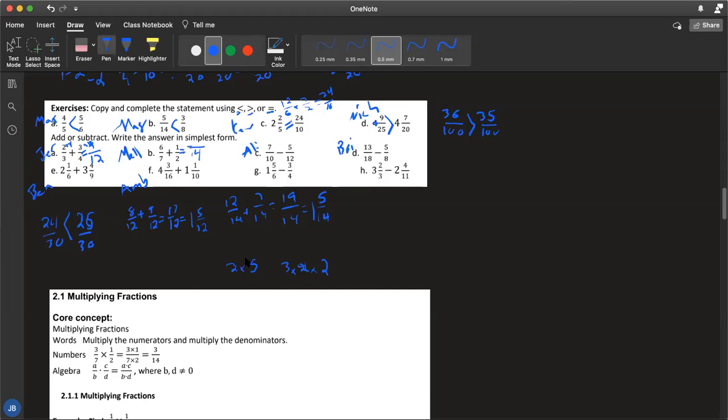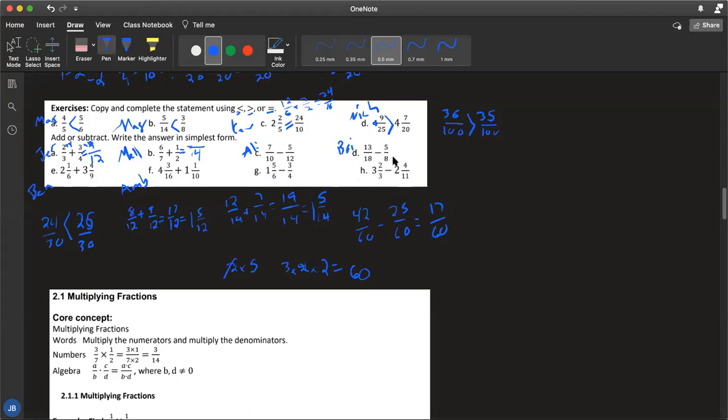And then for the denominator, I just did 2 times 2 times 3 times 5. And then I got 60. And then I got 42 over 60 minus 25 over 60. And that equals 17 over 60. Great. Perfect. Can it be simplified at all? No. Great job.